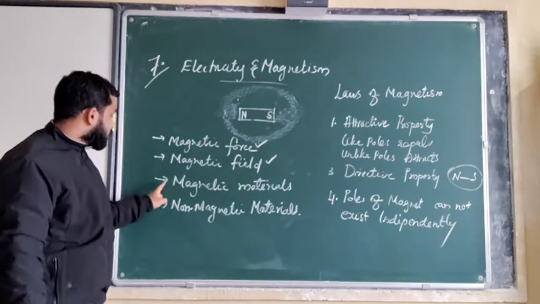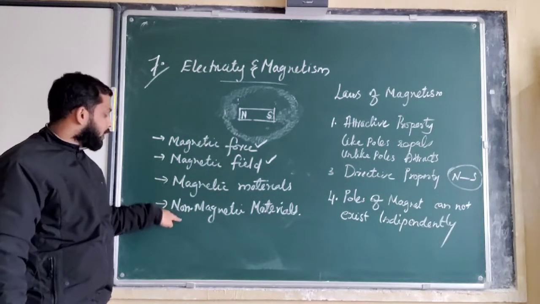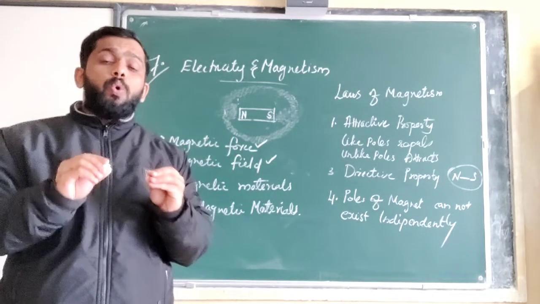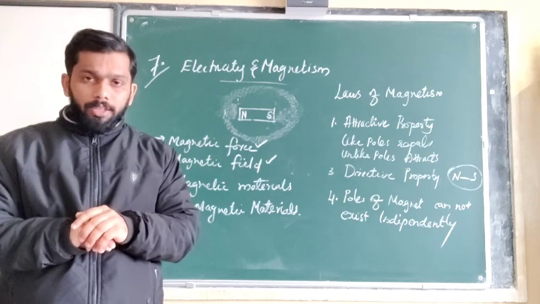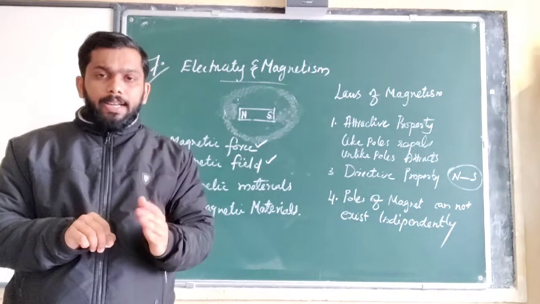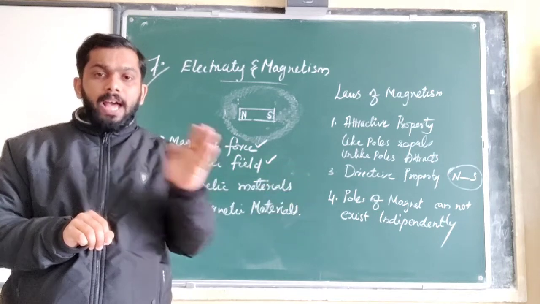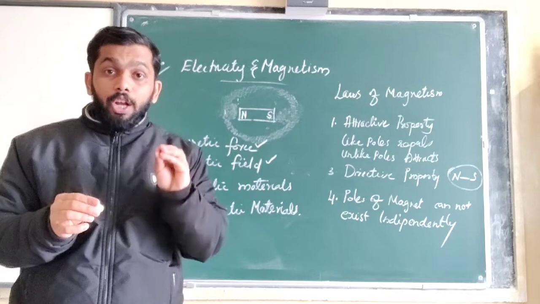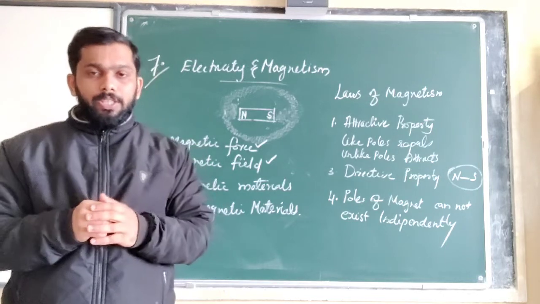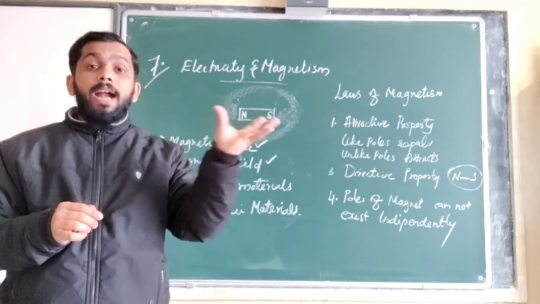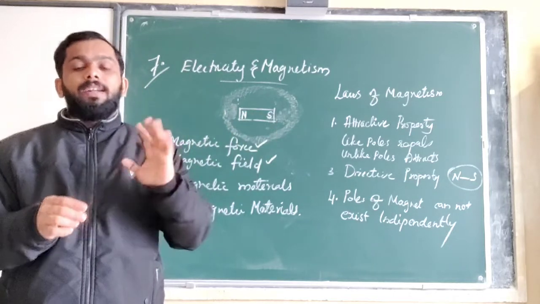Now we are going to learn about magnetic materials and non-magnetic materials. Around us there are so many materials in the world. We are going to classify these materials into two categories: magnetic materials and non-magnetic materials. Magnetic materials are the materials which are attracted by the magnet.